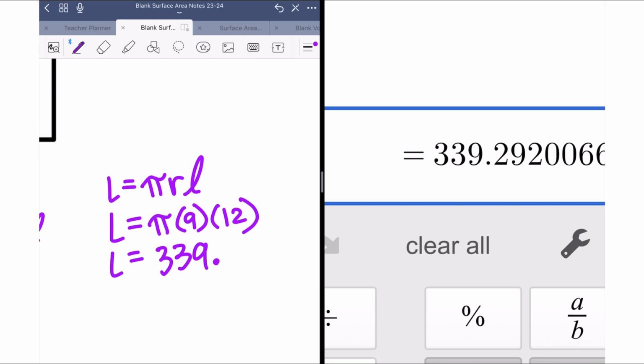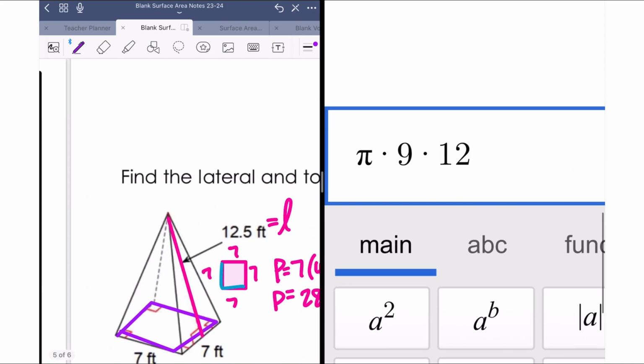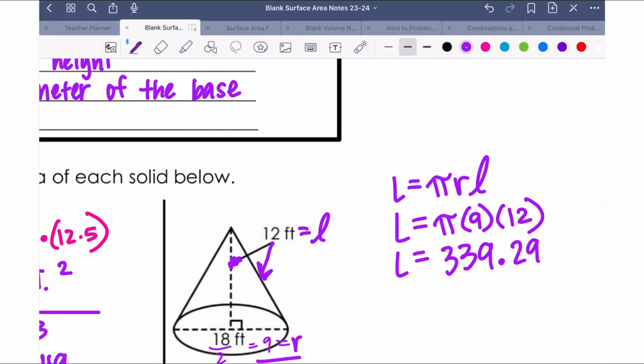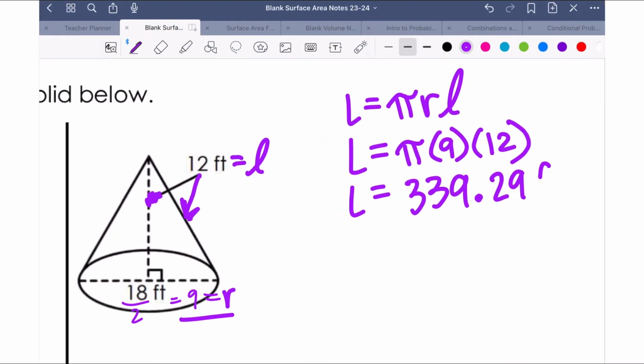If I'm rounding to the hundreds, 100 has 2 zeros, I need 2 numbers in my answer. So after the second number, it's a 2 after the 9, so it's going to stay the same. So 339.29. All right. And that is feet squared. Perfect.